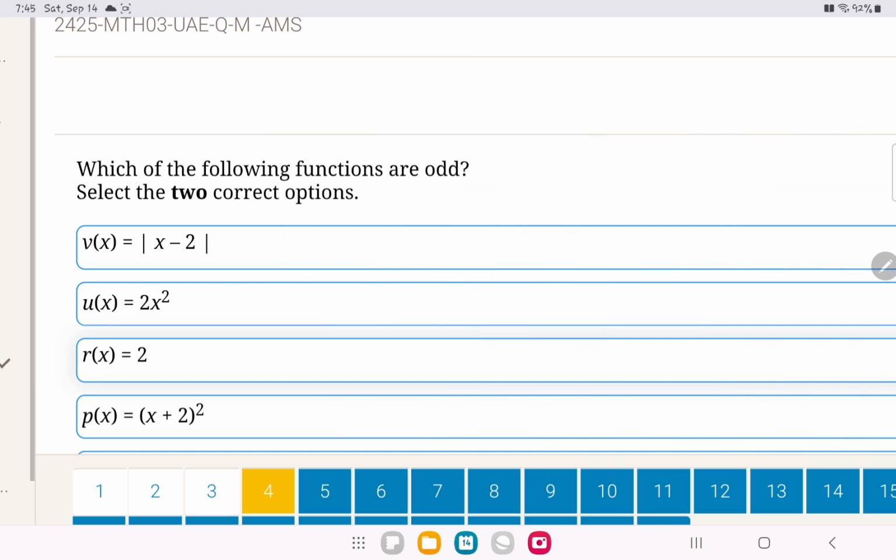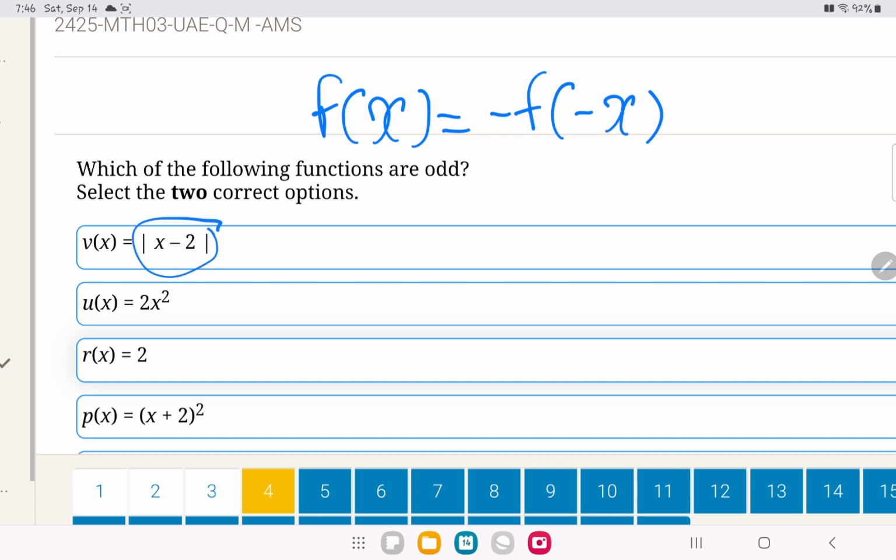Okay, so we'll keep the rule in front of us. f(x) equals minus f(-x). And remember the steps. Let's start with this one. We have the absolute value of x minus 2. If we replace the x with minus x, we're going to have the absolute value of x minus 2. They're definitely not equal. So what does that mean? We have to multiply the whole of this equation by minus.